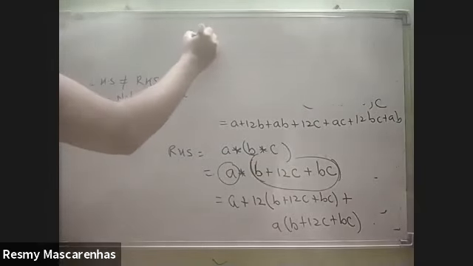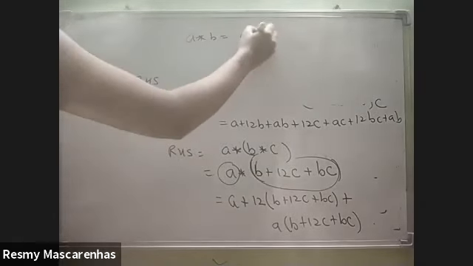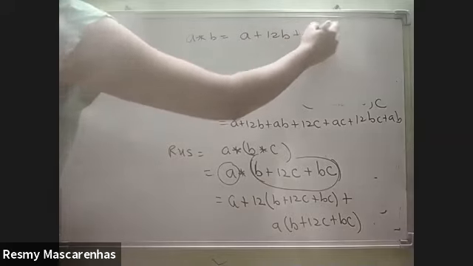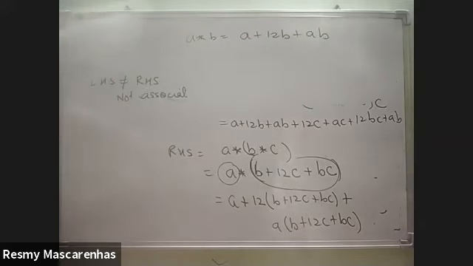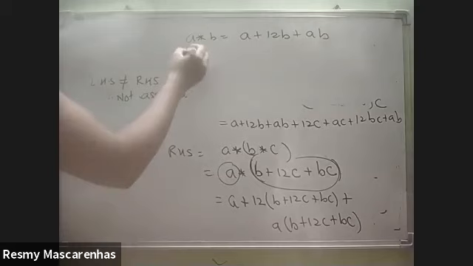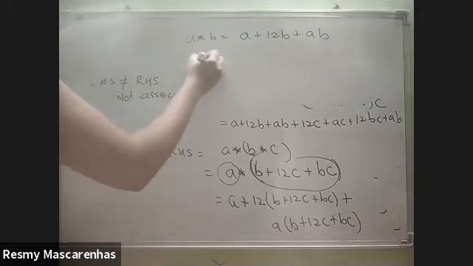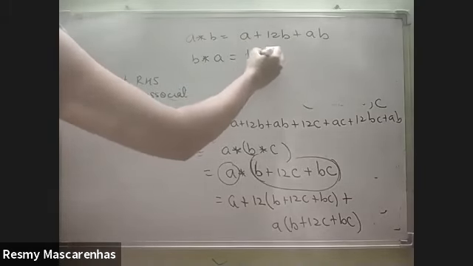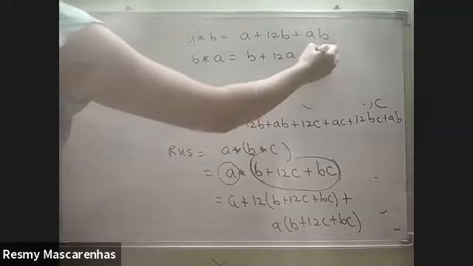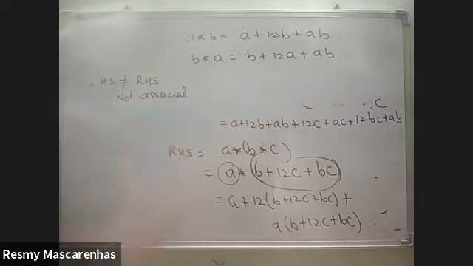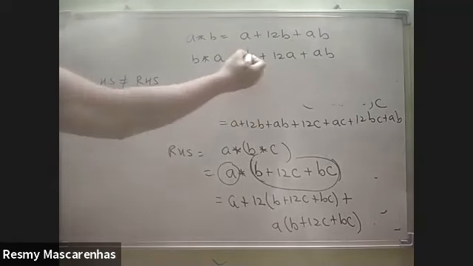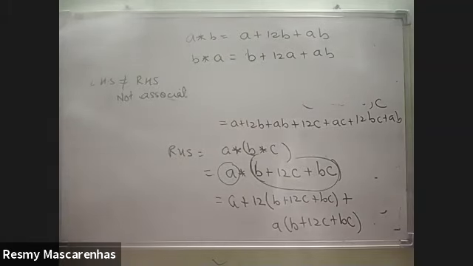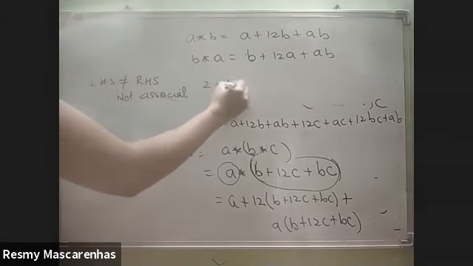This was associative. Those who want commutative, A star B will be A plus 12B plus AB. And if you want to check, okay, B star A, then it will be 12 times A is not same as first one time A. You can use the same numbers also and try. You had found out 2 star 1 by 3, no?